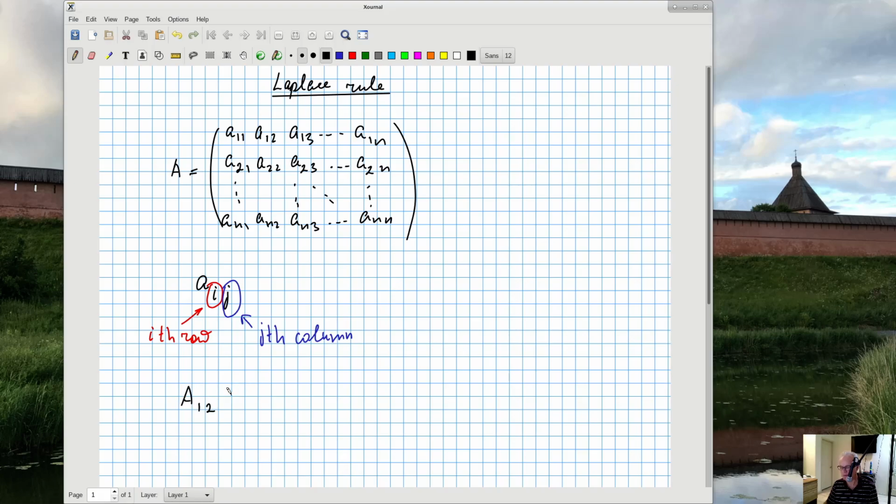This matrix is obtained from matrix A by crossing out the first row and the second column.